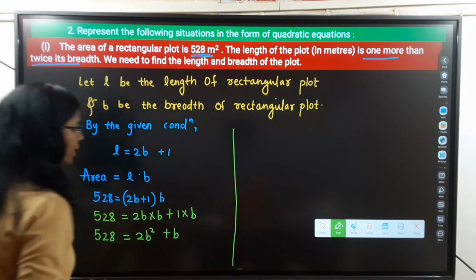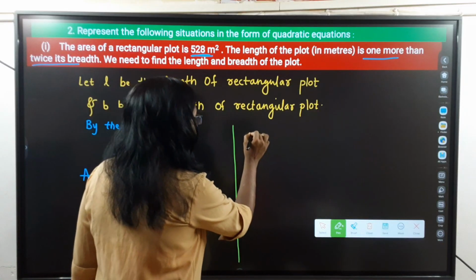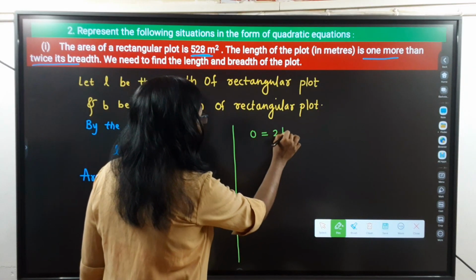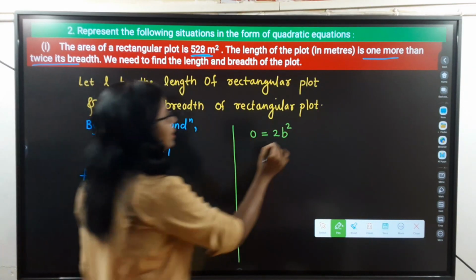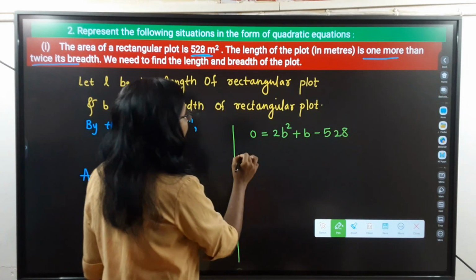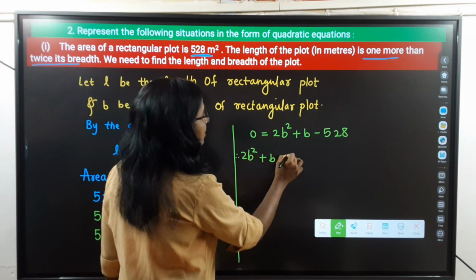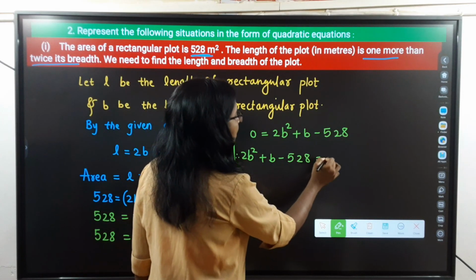Therefore 2b square plus b minus 525 is equal to 0.